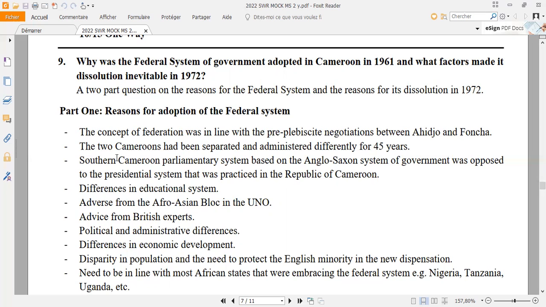Hence, there was a need for the introduction of the federal system. Differences in educational system, advice from the Afro-Asian bloc in the UNO, advice from the British expert, political and administrative differences, differences in economic development, right? So this made it possible for the introduction of the federal system for the first part.